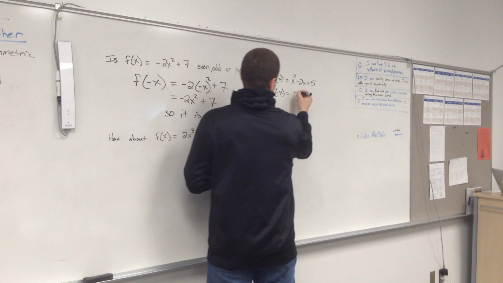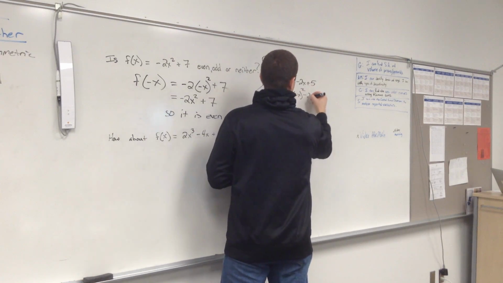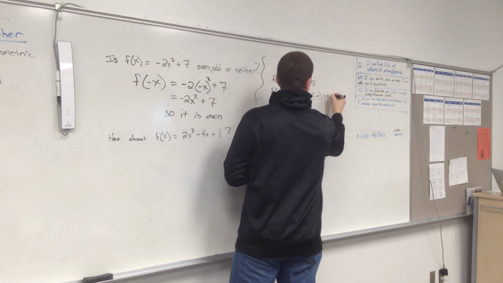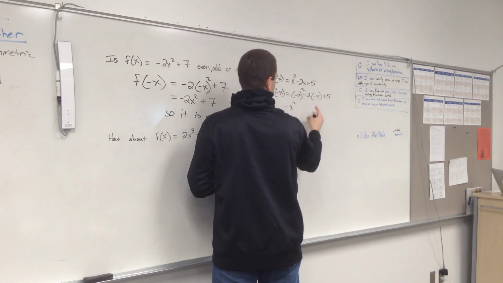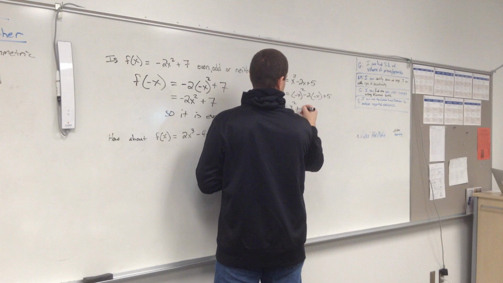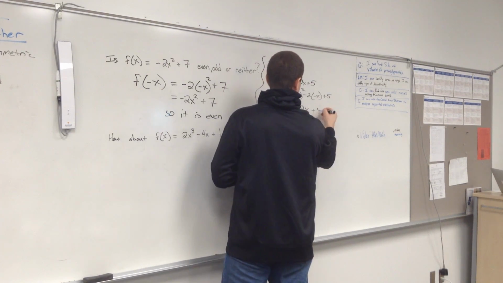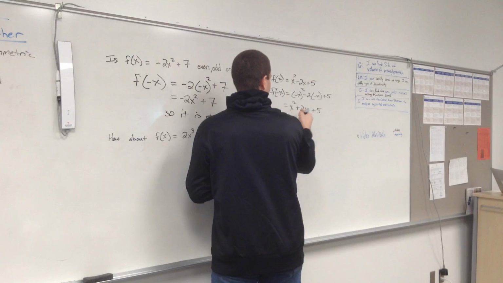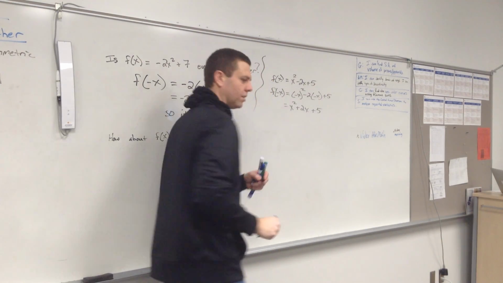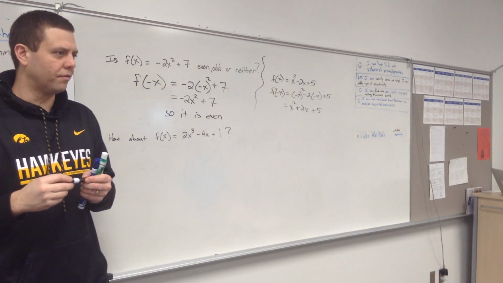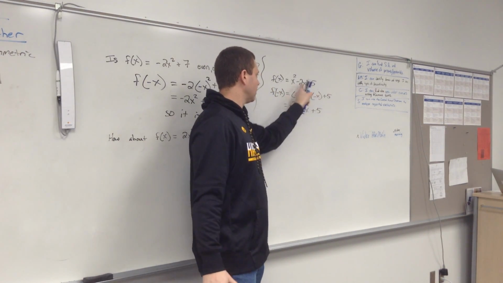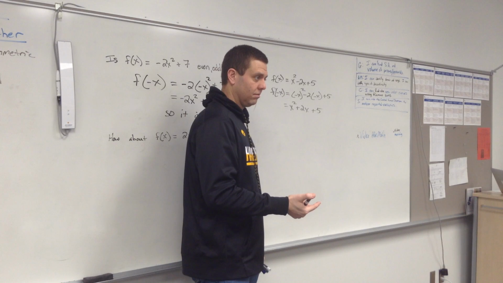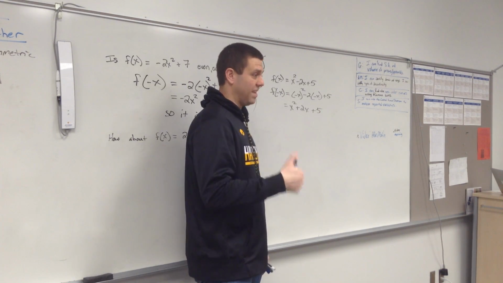That'd be negative x squared minus 2 times negative x plus 5. Negative x times negative x would be a positive x squared. Negative 2 times negative x would be a plus 2x. Plus my 5. Is this the exact same thing as the original? No, it's slightly different. Therefore, this function is not even. It's also not odd.